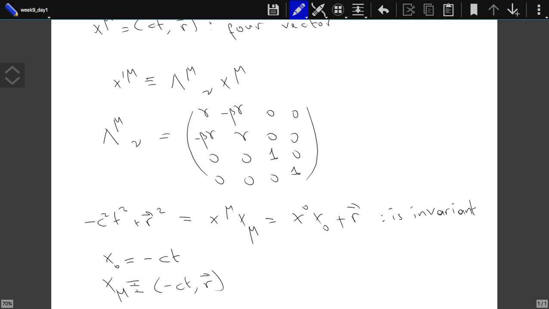And these have special names. If you have a 4-vector whose index is at the top, we call it a covariant vector, meaning that co basically means together. So a 4-vector whose index is up transforms just like the position vector.